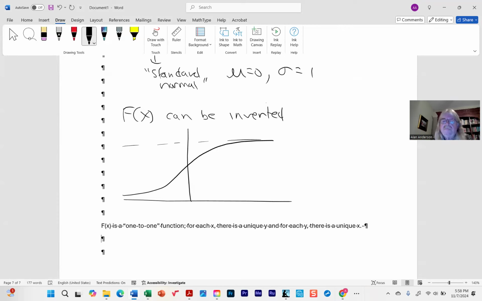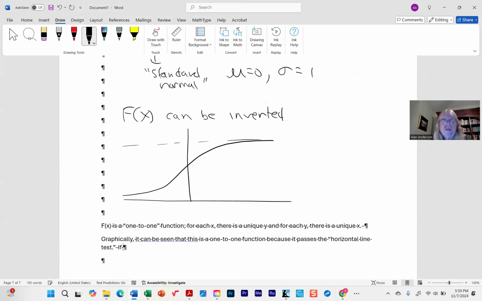I just want to mention that graphically, it can be seen that this is a one-to-one function because it passes the horizontal line test. What does that mean?